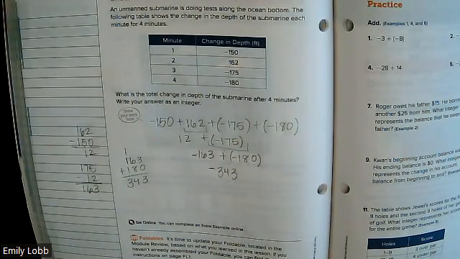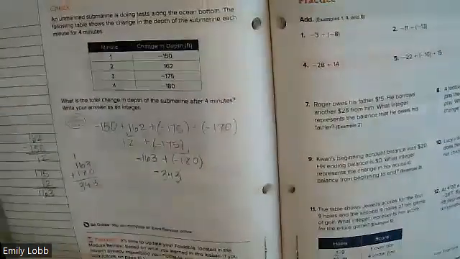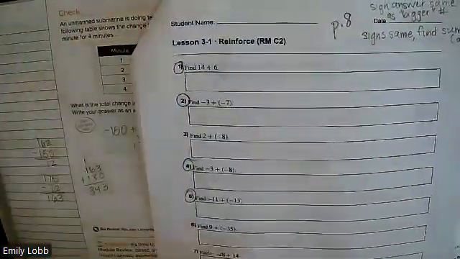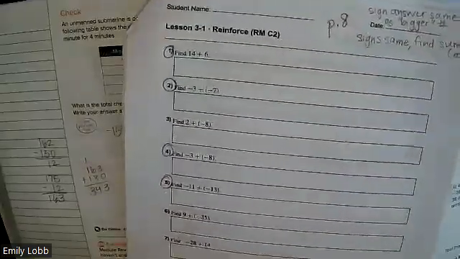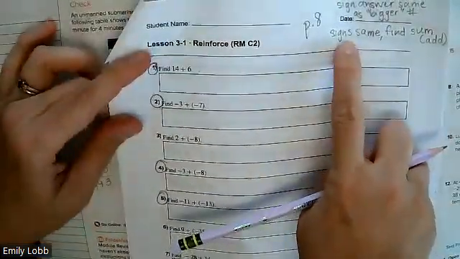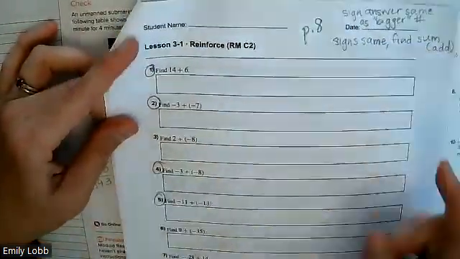All right, so now in our packets, starting on page 8, we should be able to finish all of 3-1. So we only did 4, but remember, we were looking at signs that were the same, so we found the sum.